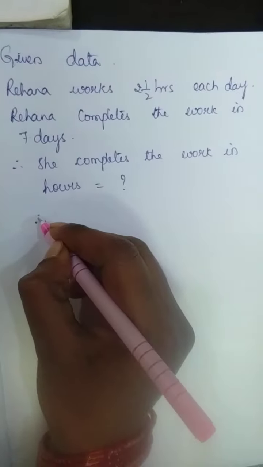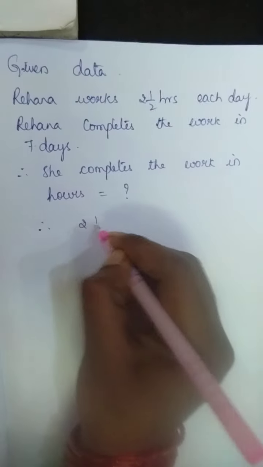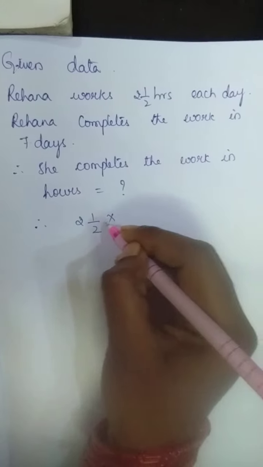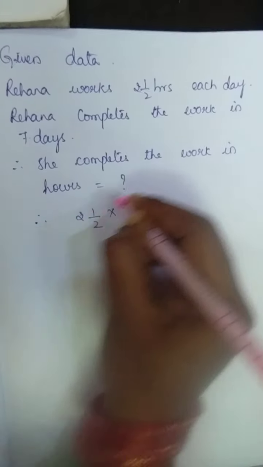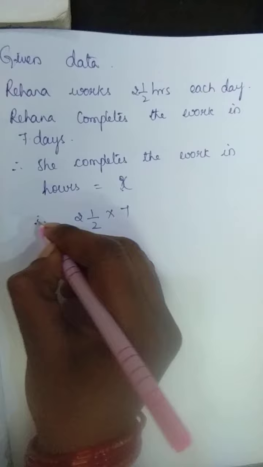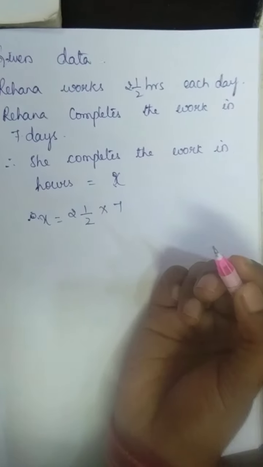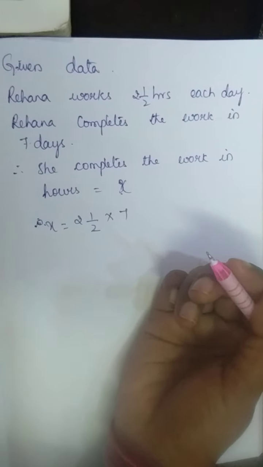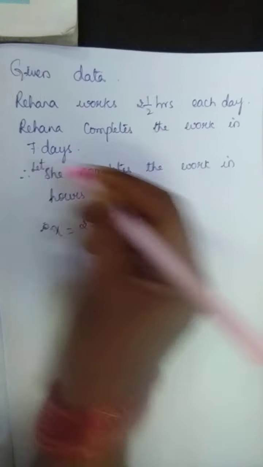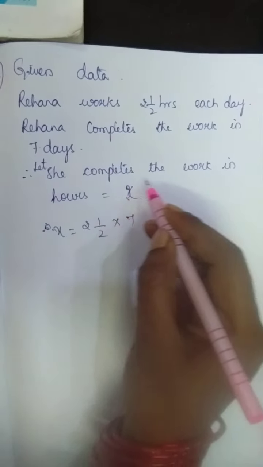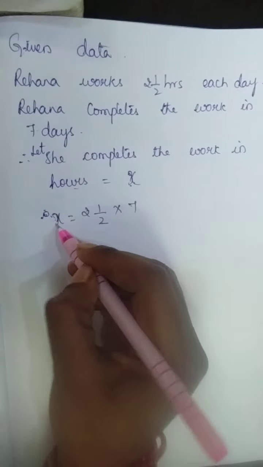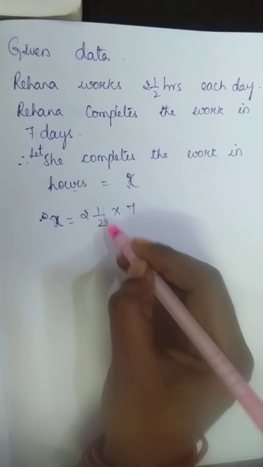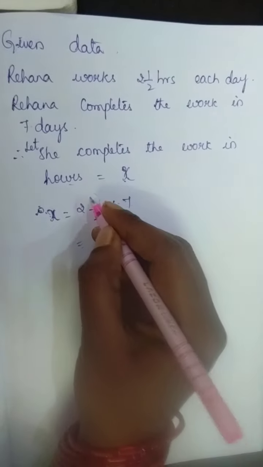Therefore 2.5 means 2 into 1/2, into 7. Take it as x. Here write down: let she completes the work in hours equal to x. Therefore x equals 2 into 1/2 into 7. So this is in mixed fraction.